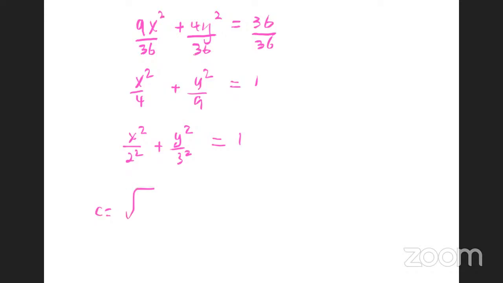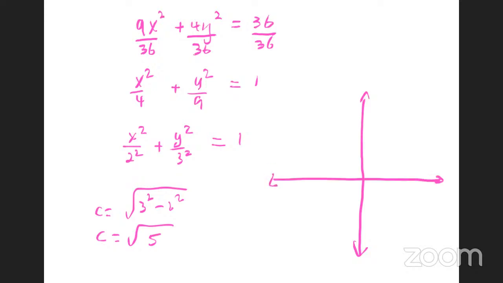So you have C as the square root of 3 squared minus 2 squared. So that's the square root of how much? 9 minus 4, root 5. So the major axis is the y-axis. The minor is the x.